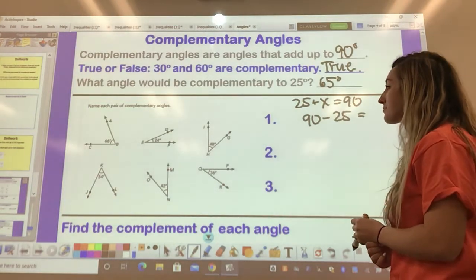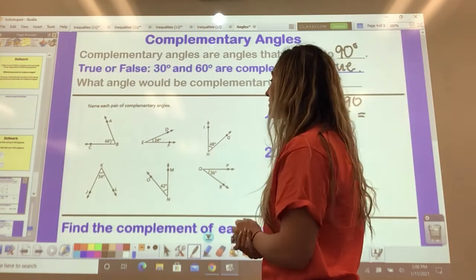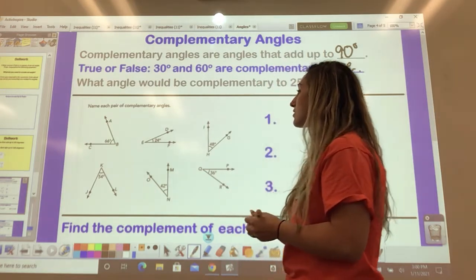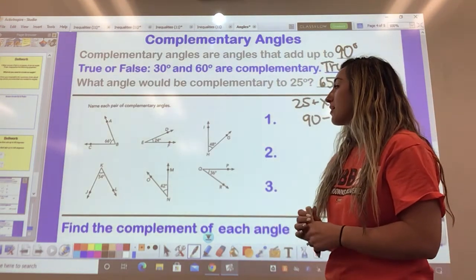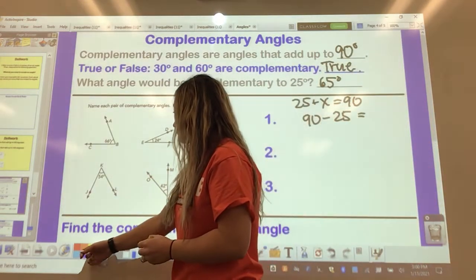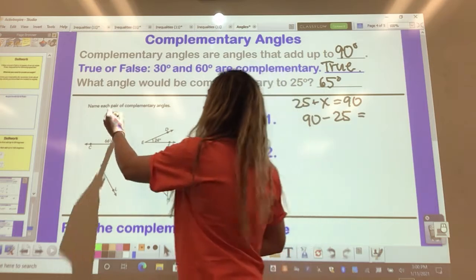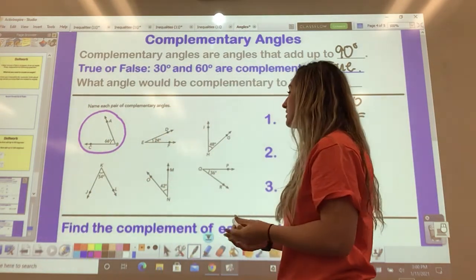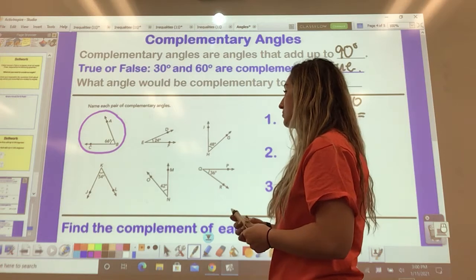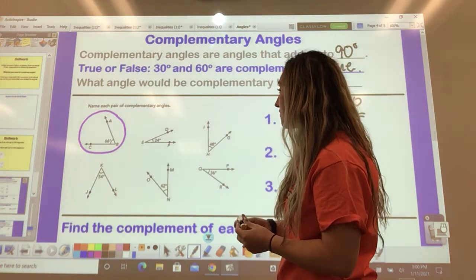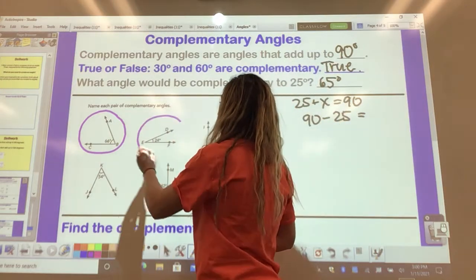All right. Going over here, we're going to name each pair of complementary angles. So we have to match up the two that add up to 90 degrees. Let's start with this one. If one angle is 66, I'm looking for one that would add up to 90. That would be 24 degrees, which is right here.